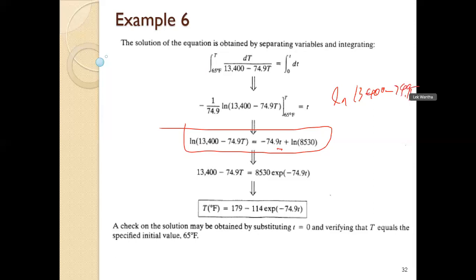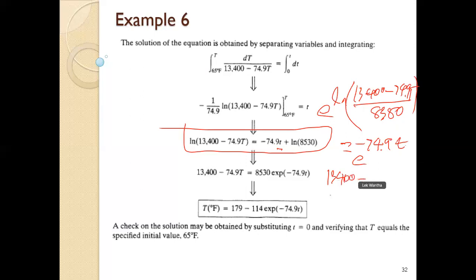Then you take the exponential of both sides, and you can solve for temperature as a function of time. You get this.